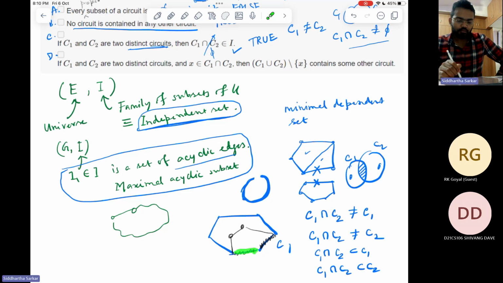which is part of C1 as well as C2, and at the same time you remove the cyclicity of both C1 and C2, that leads to what contradiction?